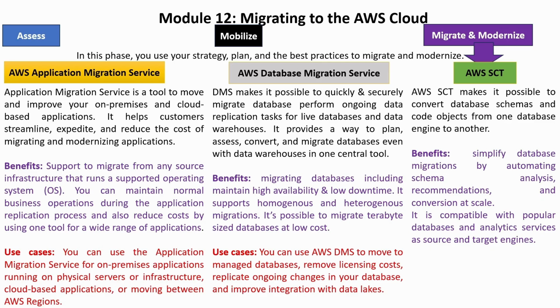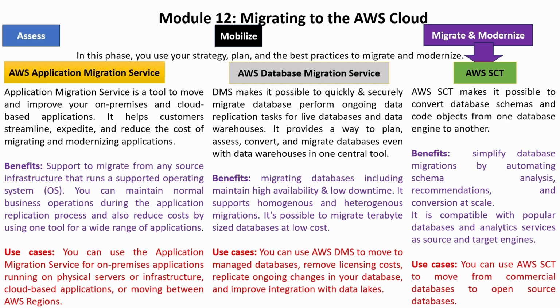It is compatible with popular databases and analytics services as source and target engines. It can save weeks or months of manual time and resources which are typically required in conversions. If we talk about use cases, you can use SCT to move from commercial databases to open source databases. You can also use it for migrating large data warehouse workloads and modernizing or updating database schemas in place.